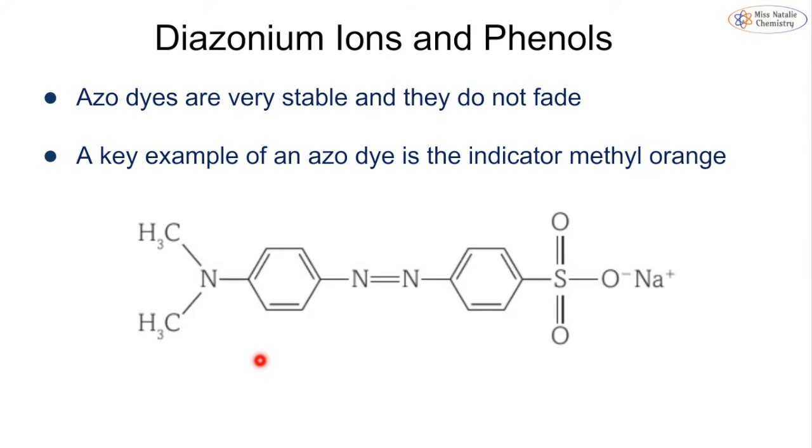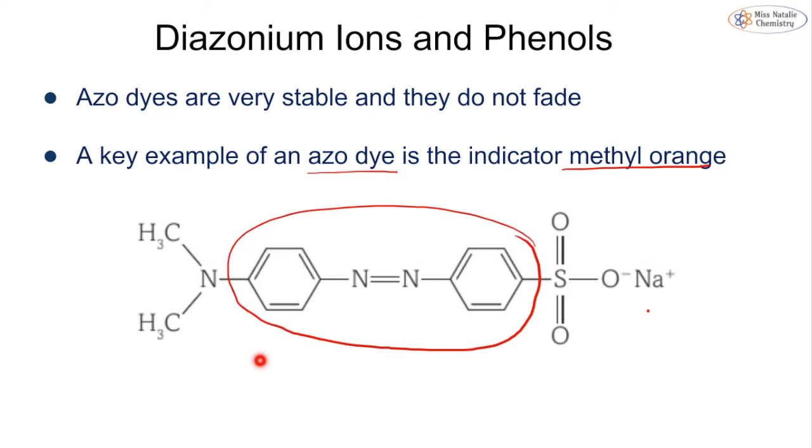A key example of an azo dye that you've come across is the indicator methyl orange. You can see that we have this section in the centre where we have our benzene ring with our nitrogen double bond with the benzene ring on the other side. Now remember, this is drawn like a Kekule structure, and really we shouldn't draw it like that. We should obviously draw it with a delocalization instead.